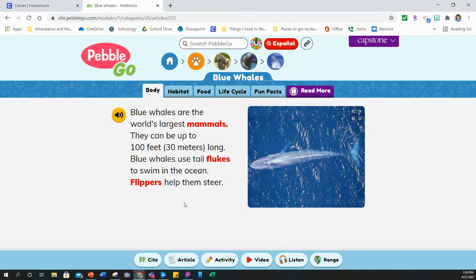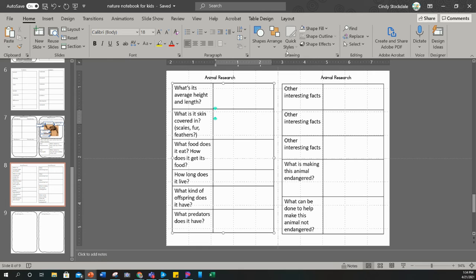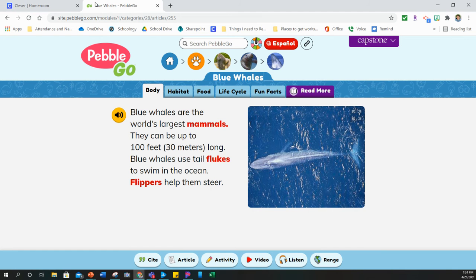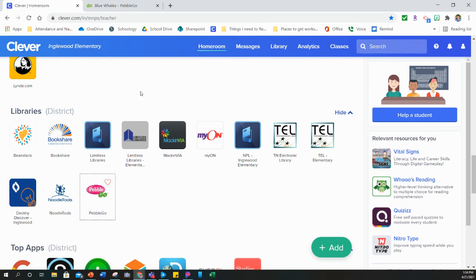Blue whales are the world's largest mammals. They can be up to 100 feet. Guess what? All of that is right here. What is the average height and length? And I could write in they are about 100 feet long.